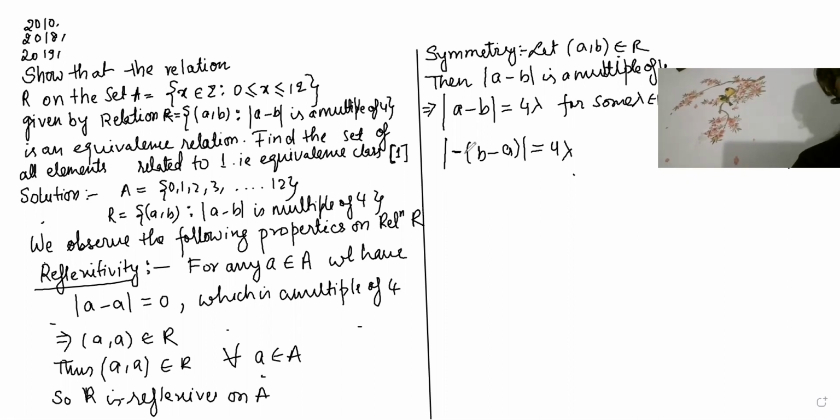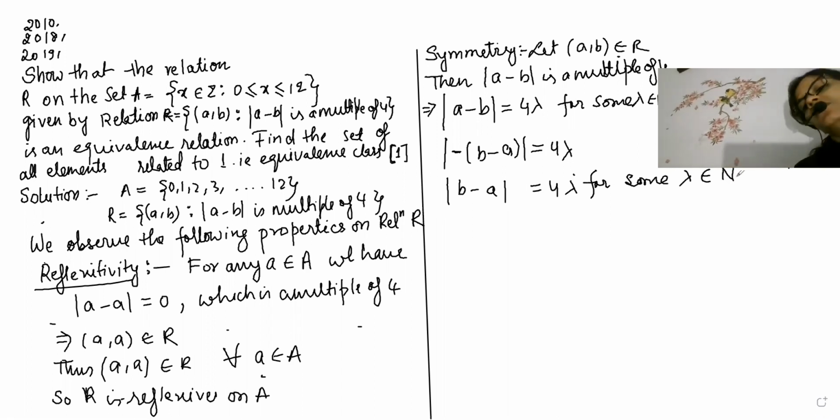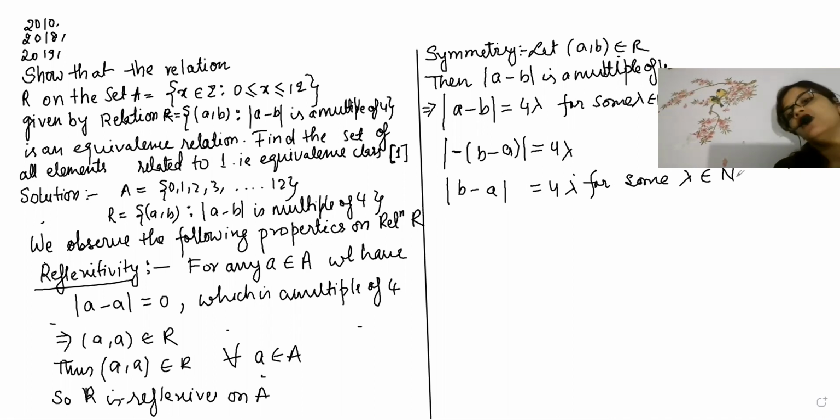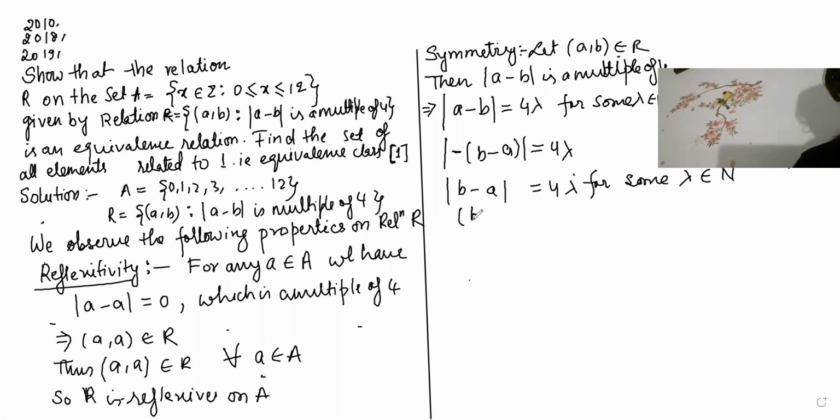Since lambda is a natural number, we can directly write b minus a equal to 4 lambda for some lambda belonging to the set of natural numbers. So is there any change? When you subtract a minus b, you get a multiple of 4. When you subtract b minus a, you also get a multiple of 4. In both cases you get a multiple of 4. That means you conclude that (b, a) also belongs to R.